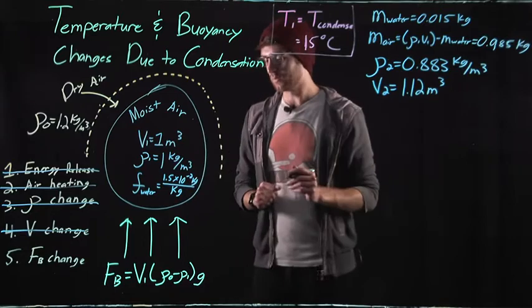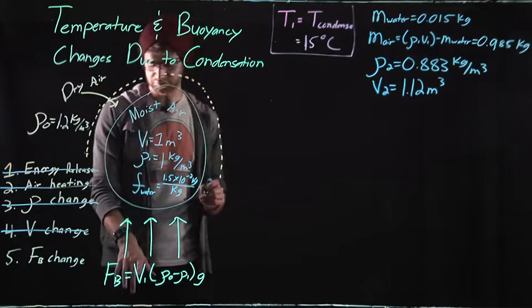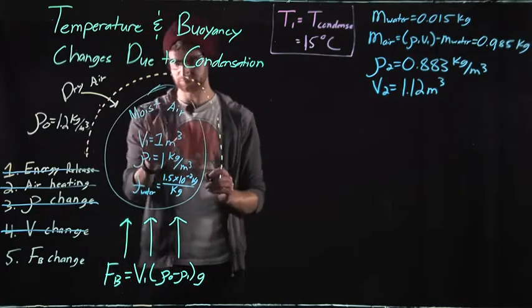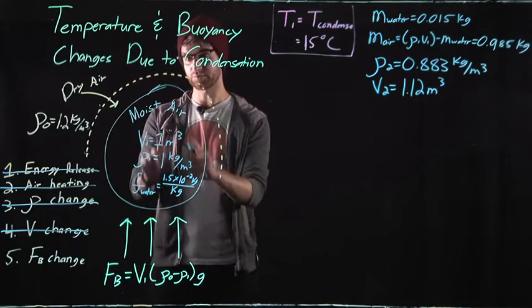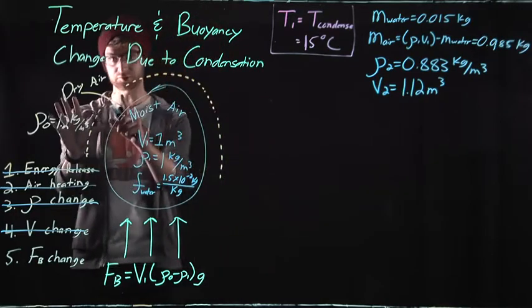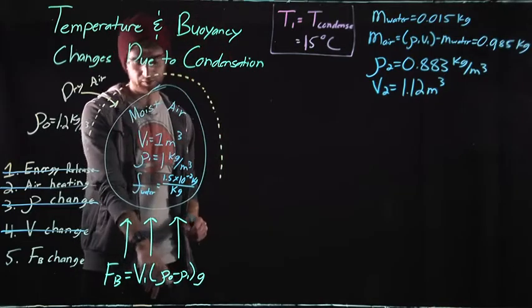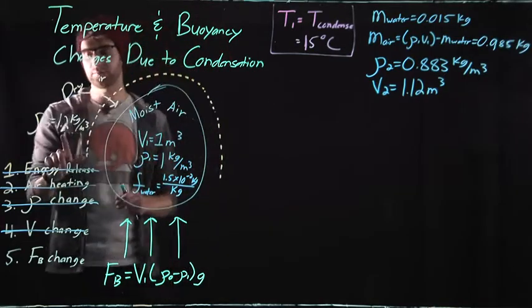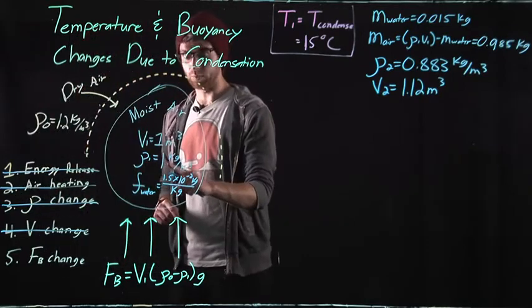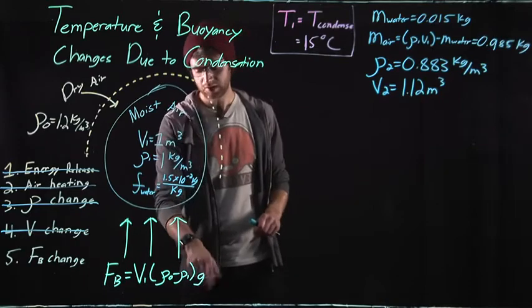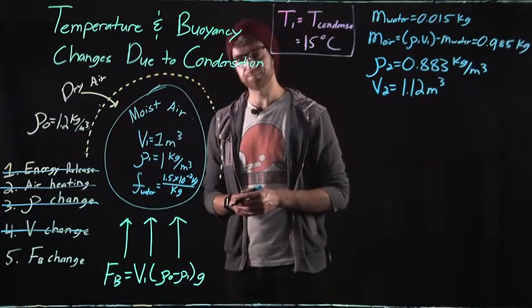Okay, so what was the buoyant force originally? Well, the buoyant force originally was just the original volume of this air parcel, 1 meter cubed, times the density differential between this air parcel and the surrounding dry air mass, which is rho naught minus rho 1, rho naught being 1.2 kilograms per meter cube, and rho 1 being 1 kilogram per meter cube, times g, the gravitational acceleration, 9.8 meters per second squared.